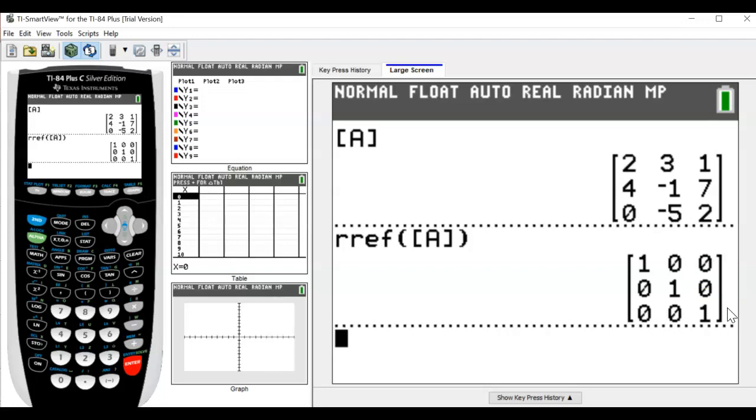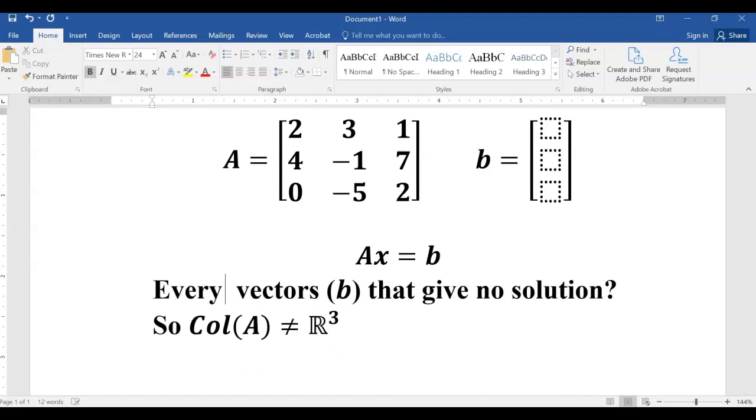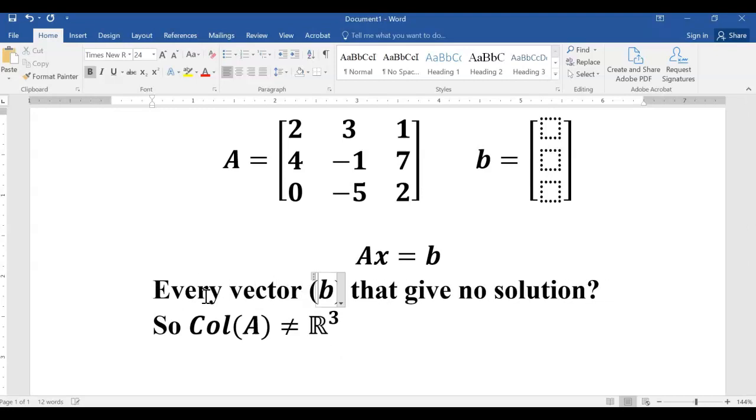So if I had an augmented matrix, I'm going to be able to get a solution. So are there any vectors that give no solution? The answer is no. Every vector B has a solution.